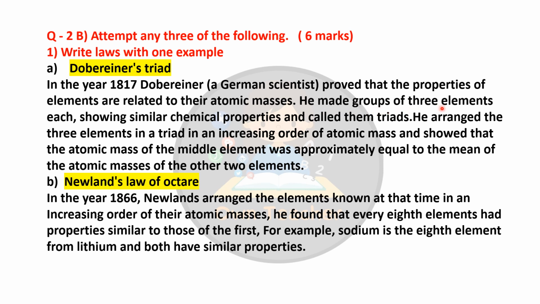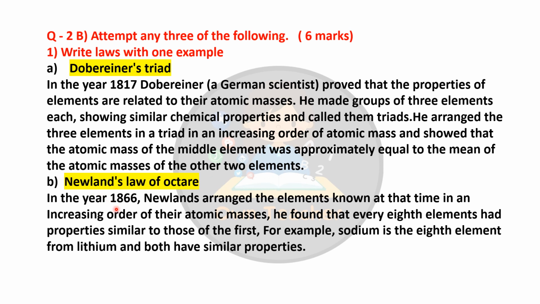He made groups of 3 elements, each showing similar chemical properties, and called them triads. He arranged the 3 elements in a triad in an increasing order of atomic mass and showed that the atomic mass of the middle element was approximately equal to the mean of the atomic masses of the other 2 elements.